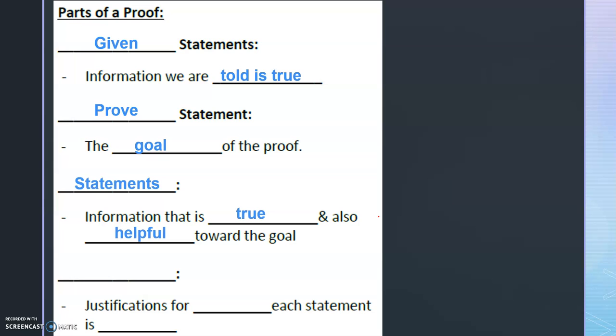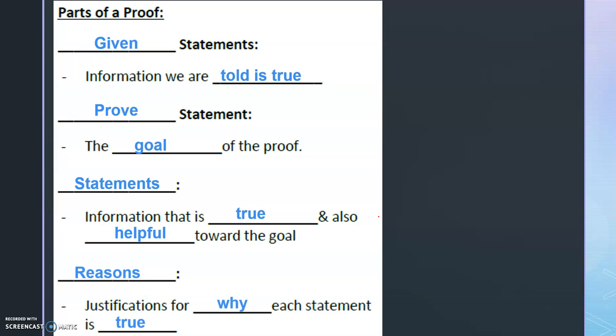Then we have statements that we are making. The statements we make is the information that is, number one, true. It has to be true, and it's also helpful towards the goal. So if I make a statement that's true, but it doesn't help me with anything, we don't want to put that in the actual statement.